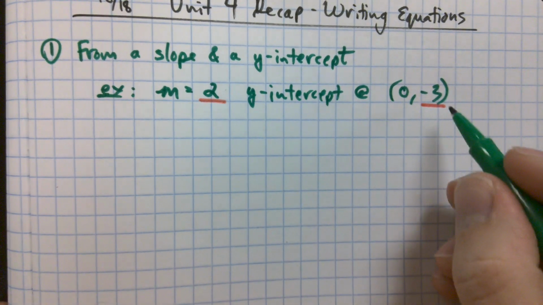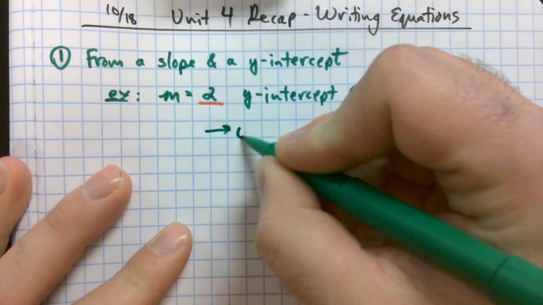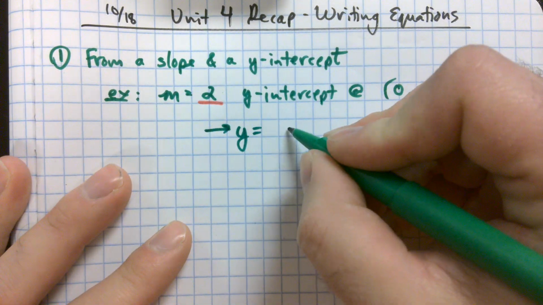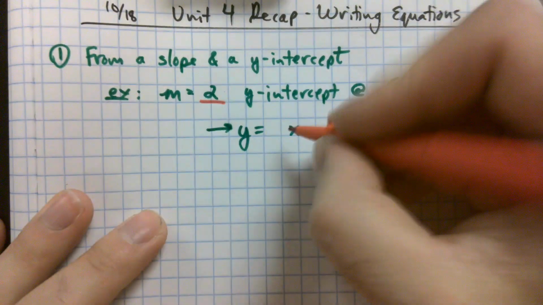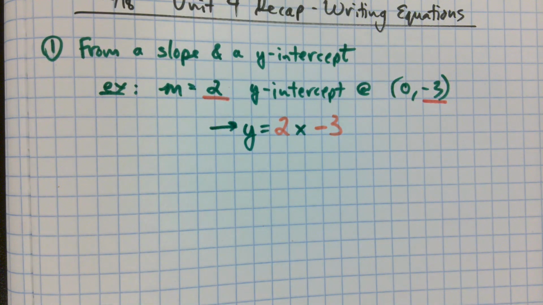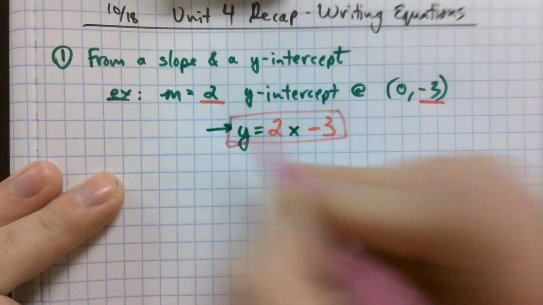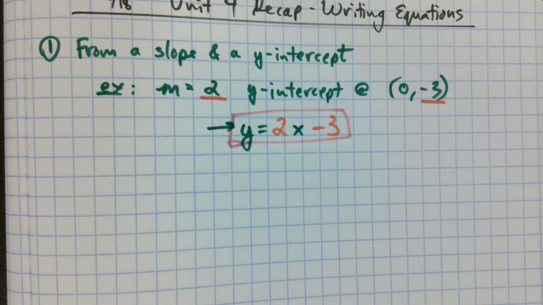My b is, of course, -3. So we can write the equation y is equal to 2x minus 3. No math involved there at all. We're just replacing the m with the m, replacing the b with the b, and that's all we got to do.